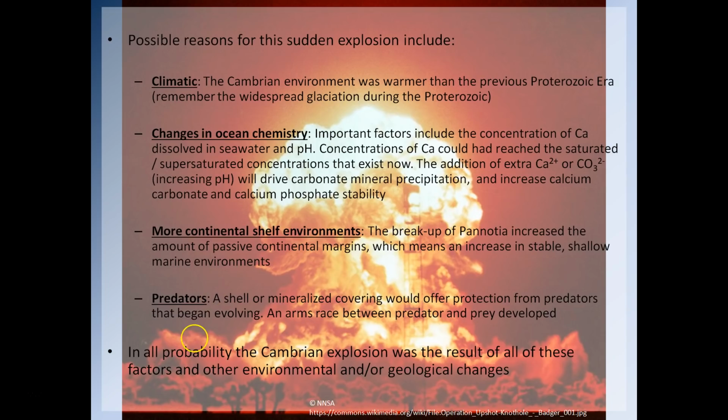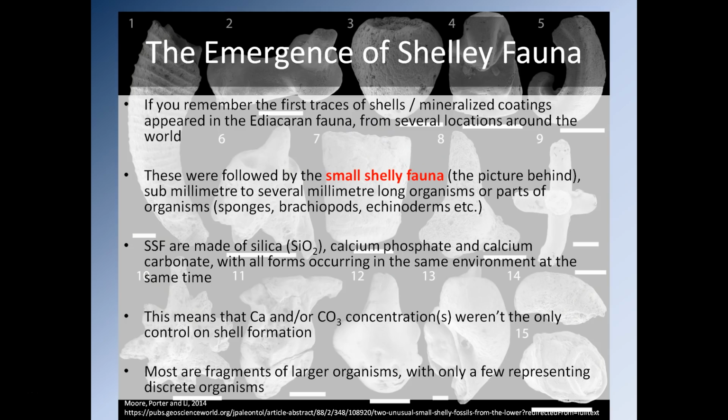If you remember on the previous slide, I was talking about how the changes in ocean chemistry could have been a major factor, a major causation behind the Cambrian explosion. Now, when we look at the small shelly fauna, what we're noticing is that the concentration of calcium or calcium carbonate does not appear to be the only controlling factor in their appearance.